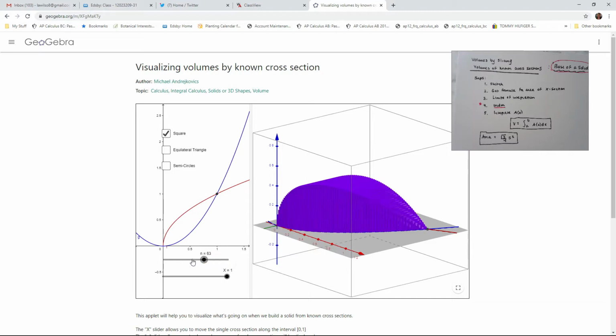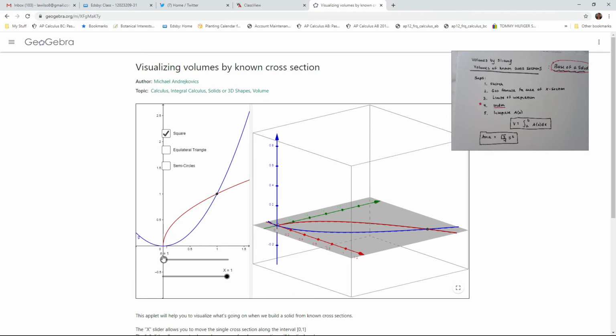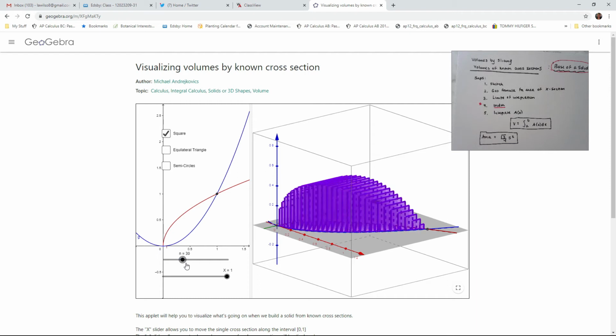And I'm not talking about the area of the base, I'm talking about the area of the cross-sectional face. If I know all those areas and I add them all up, I'm going to get the volume. Because there are so many slices, and they're so thin, it's almost as if the width doesn't exist.